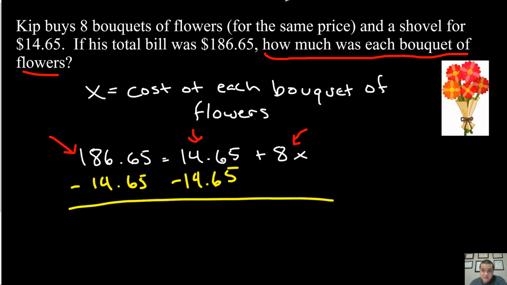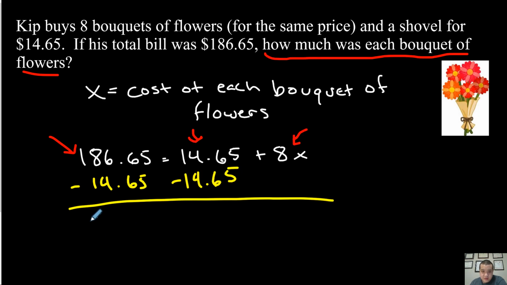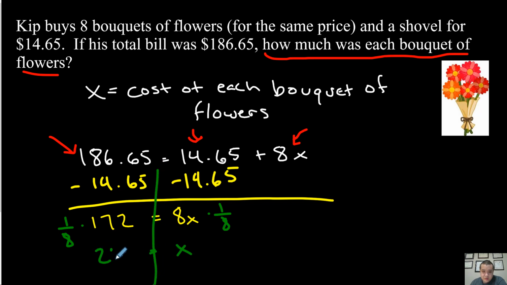When we do that, we get 172 equals 8x. Multiply both sides by 1 over 8, or divide by 8, however you think about it. x equals 21.5.